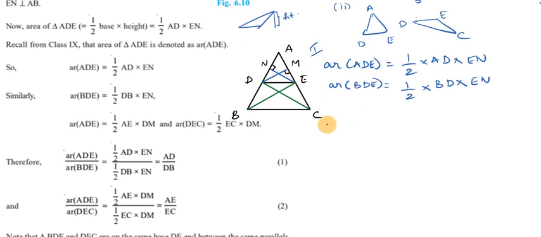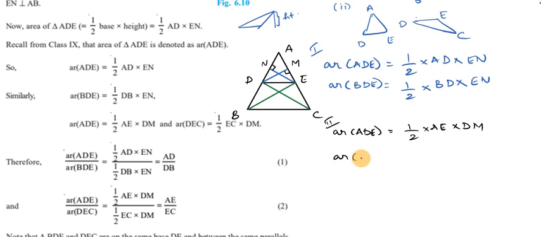The second part, again we are finding the area of triangle ADE, but this time we are going to take this side as the base. So half into AE into DM.